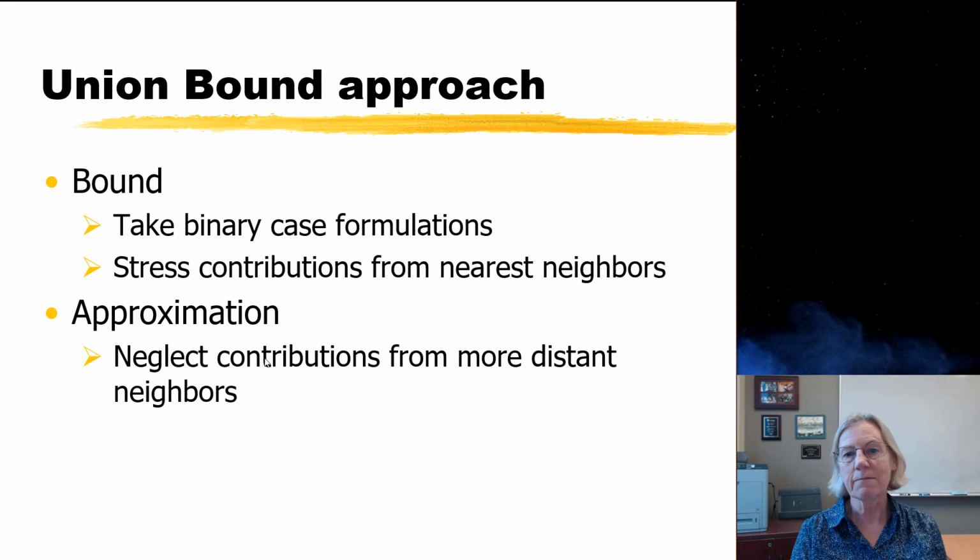So intuitively, the noise contribution doesn't have to be that big to push over to the nearest neighbor, but the noise contribution would have to be huge to push us over to a neighbor that's far away. So intuitively, we think the nearest neighbors are the most important part, and the union bound gives us a way to quantify this intuition about the nearest neighbors being more important. So the union bound.